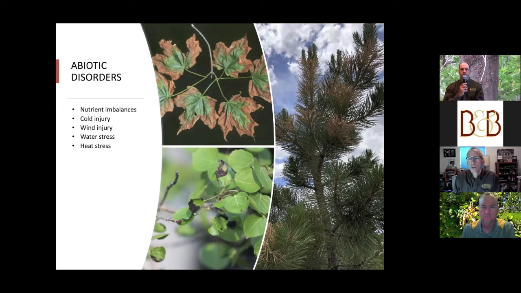Heat stress too, we start seeing this, especially in tomatoes now. Like those pictures, some of that could be heat stress, especially if there's something maybe compromised with that root system. And then here is my Austrian pine, where again, these needles desiccated during the winter.